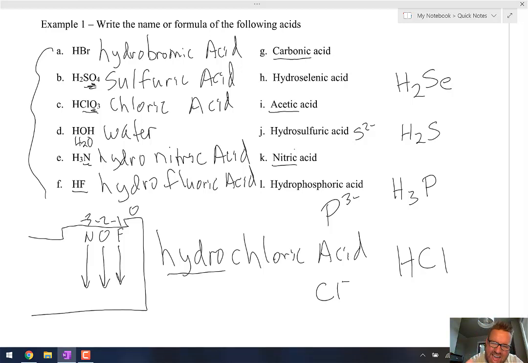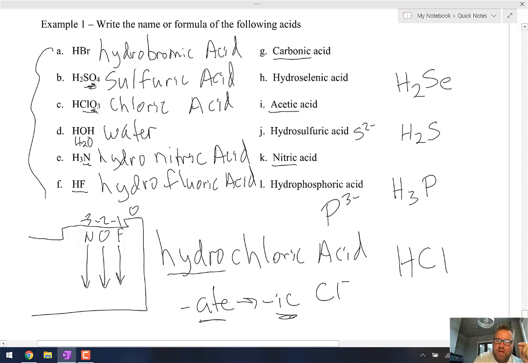It had to come from your polyatomic ion list. So carbonic means it had to have come from carbonate. All of the ones that end in ATE become IC at the end. So if it's carbonic, it means it was carbonate.